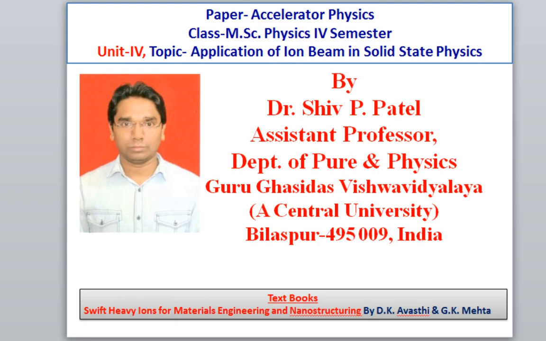Then I showed some experimental simulation regarding the thermal spike calculation, and finished the lecture. That was the four lecture series, and it is very important for your syllabus. At least one or two questions will be asked from that part.